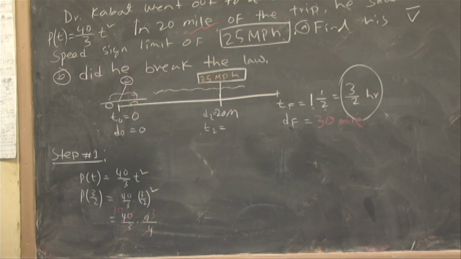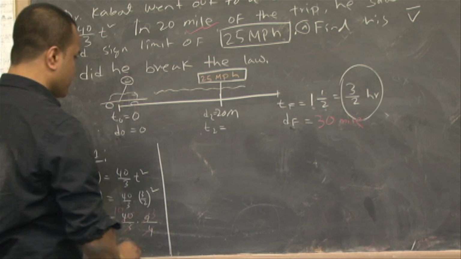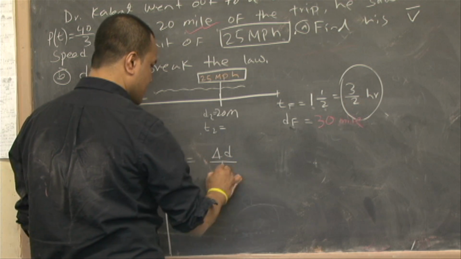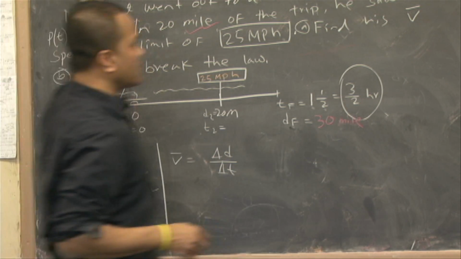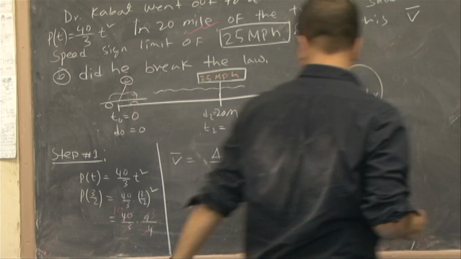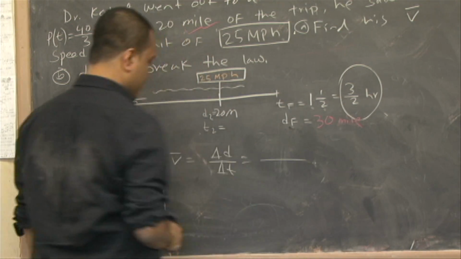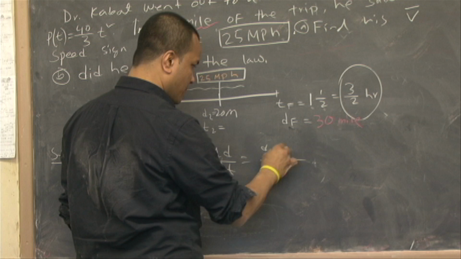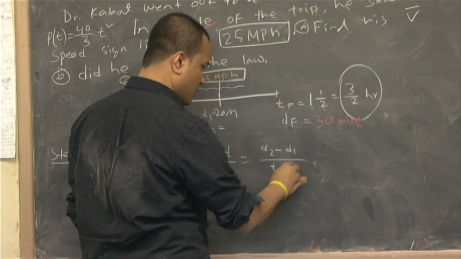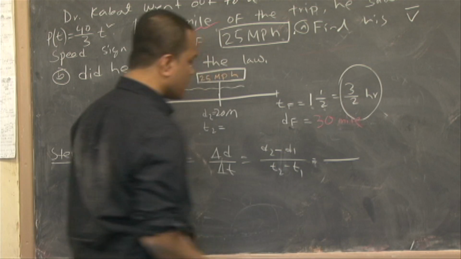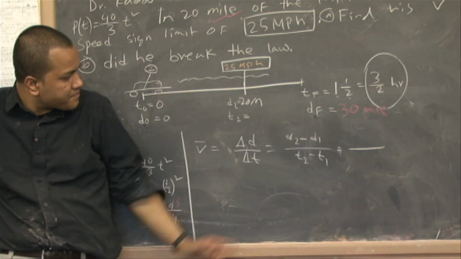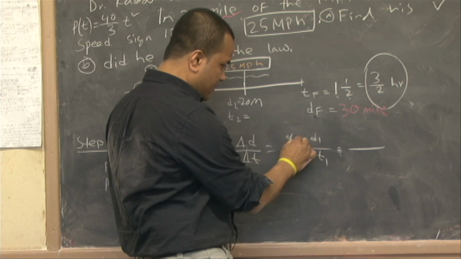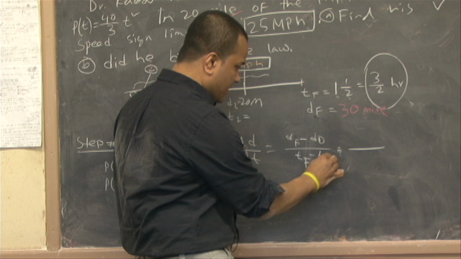Now we can find the average velocity. Average velocity is delta d over delta t. That's the first formula. Finally, we are doing some physics. Delta d is d2 minus d1, over t2 minus t1. So, d final and d naught, t final and t naught.